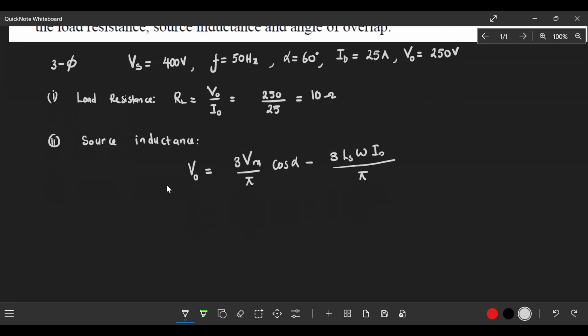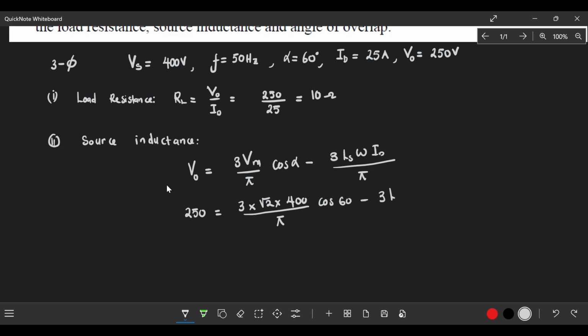Now we are given everything here, so just substitute. The output voltage is simply 250 volts. The Vm is simply root 2 times the RMS voltage, so we're given the RMS voltage of 400, divided by pi. The firing angle is 60 degrees.